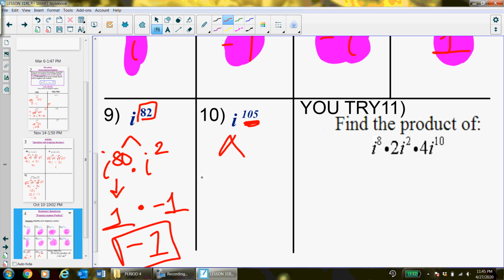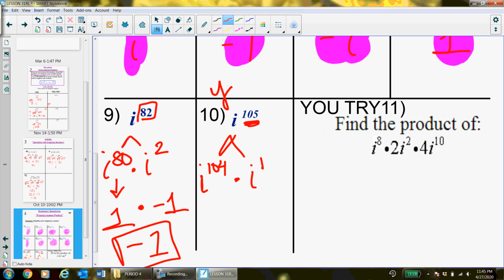So this breaks down to i to the 104 times i to the first. And the reason why it's i to the first is because when you multiply variables, you add the exponent. 104 plus 1 is 105. All right, so you already know what 104 breaks down to, right? Then tell me what i to the first breaks down to, and then give me a final answer.